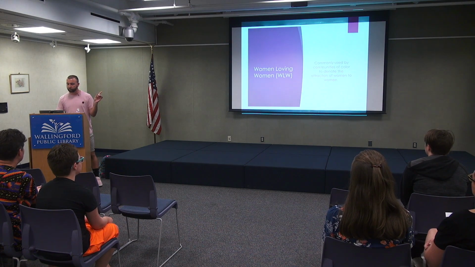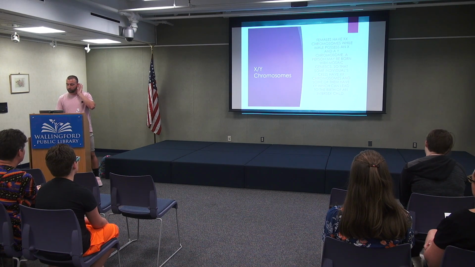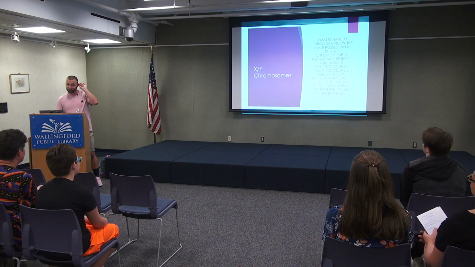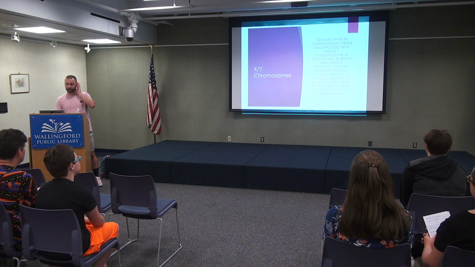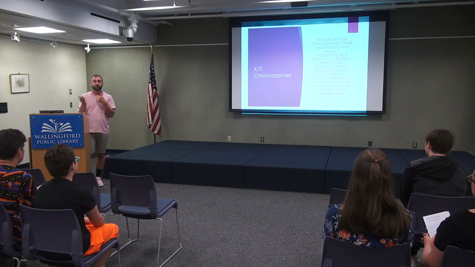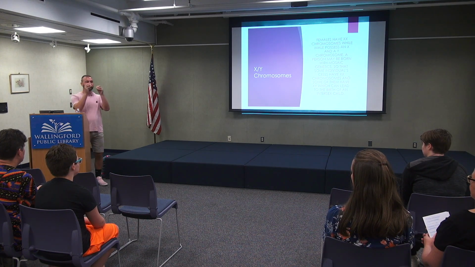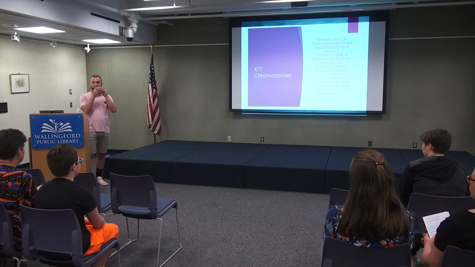W stands for women loving women, similar to men loving men, and again, commonly used by communities of color. This is a twofer. Got away with this one. X and Y chromosomes. Females have the double X, while males possess an X and a Y. Some of the ways that lead to an intersex child is a mosaic of those chromosomes.